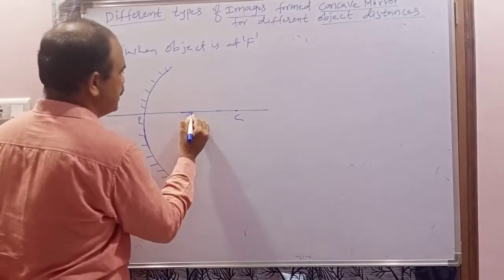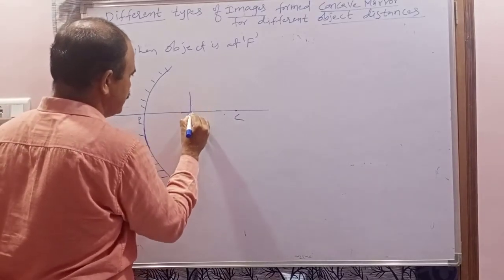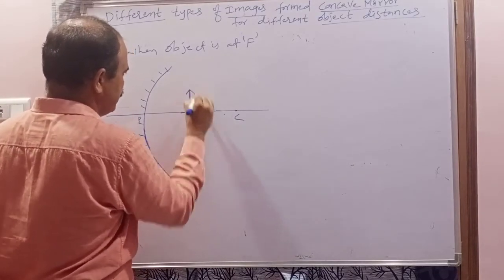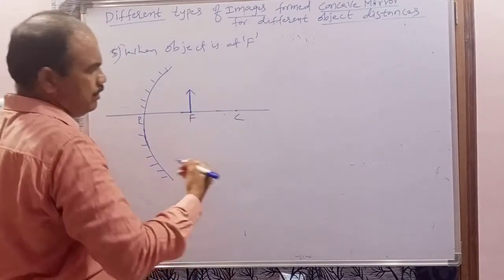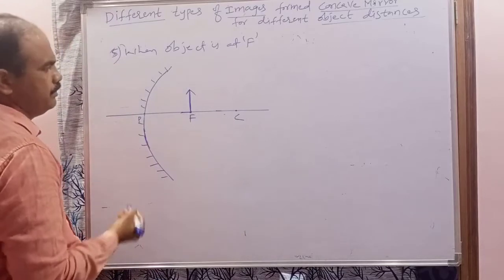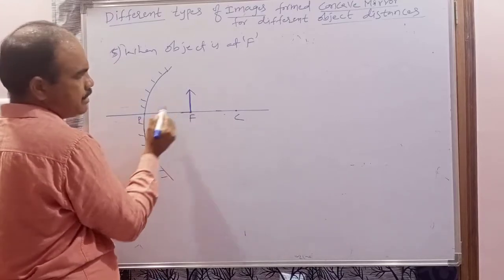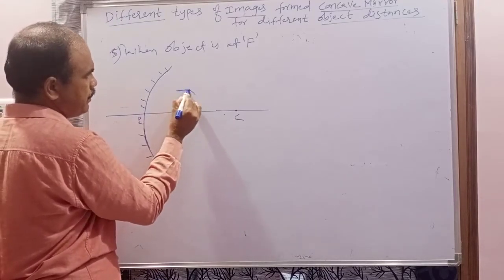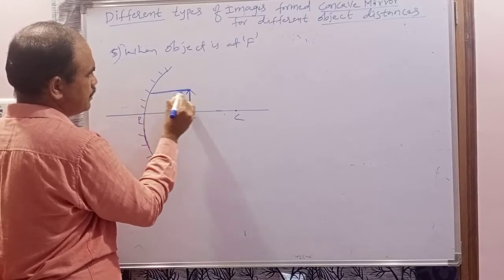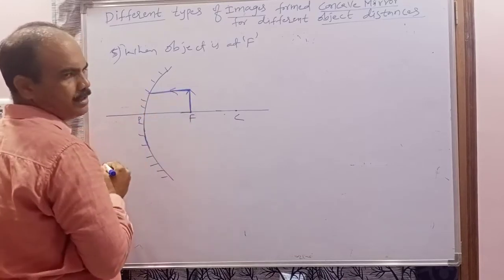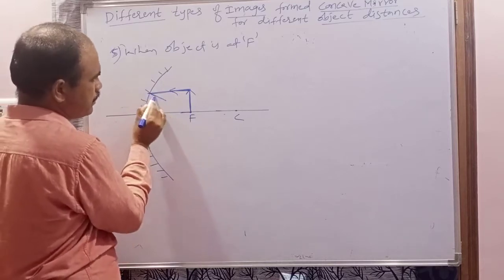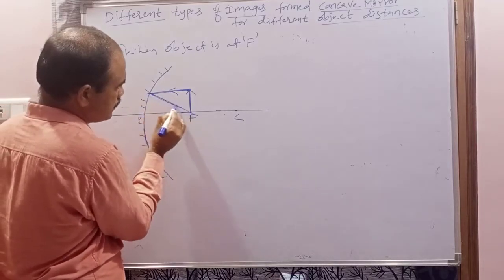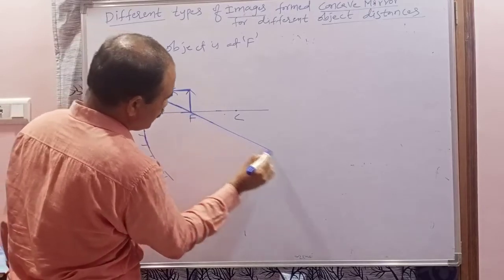So now when the object is at F, this is the object position, this is the object. I am keeping the object at F, focus. So how to draw the ray diagrams? First of all, I am taking the incident ray from the top of the object which is parallel to the principal axis. After reflection, what happens? It passes through the focus.